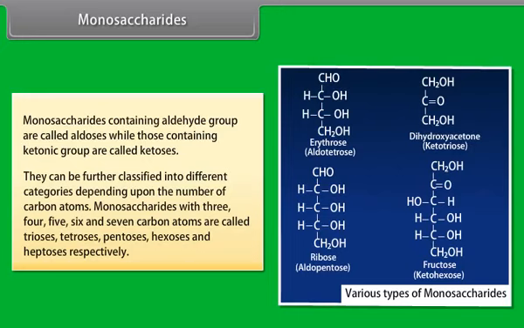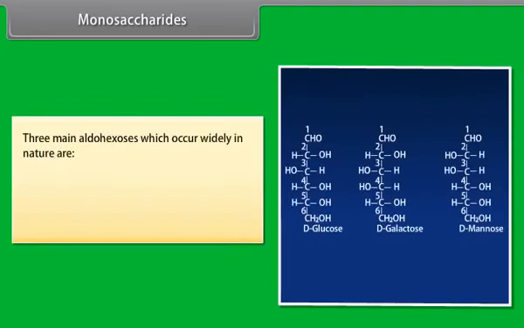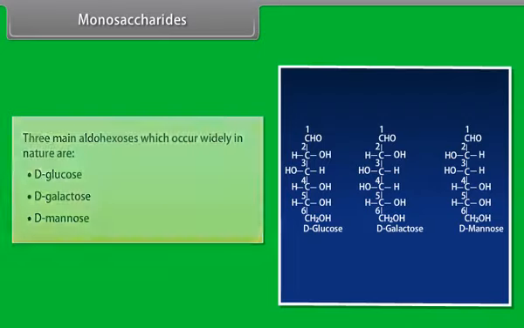Polysaccharides. These are the carbohydrates which are polymeric molecules and can be hydrolyzed to give a large number of monosaccharide units. For example, starch, glycogen and cellulose. Monosaccharides. Monosaccharides containing an aldehyde group are called aldoses, while those containing a ketonic group are called ketoses.